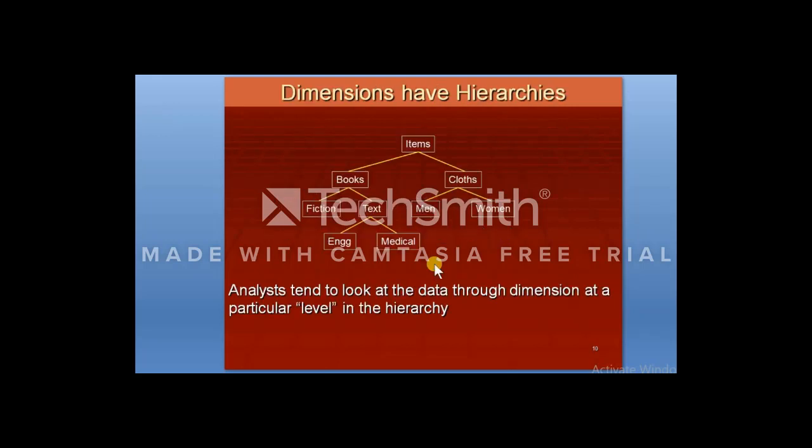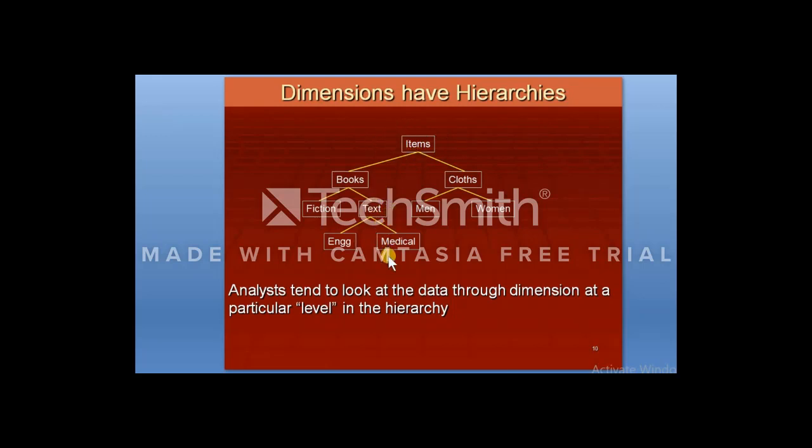Again, we discussed dimension hierarchies. Similarly, in this example, items is at the top level. Inside items we can have multiple categories, like books and clothes, and inside books there are different other categories available. So the hierarchy goes from less detailed information to more detailed information.